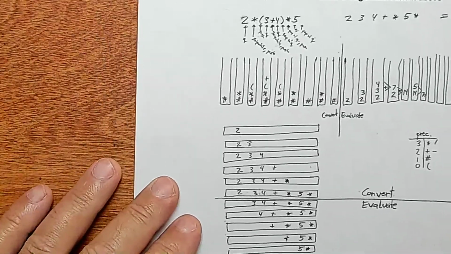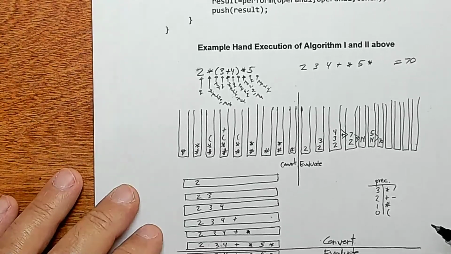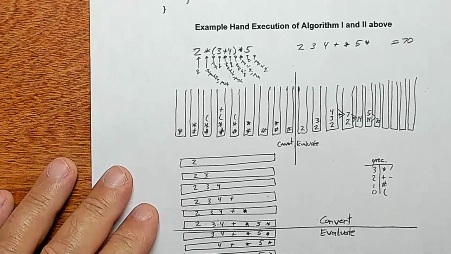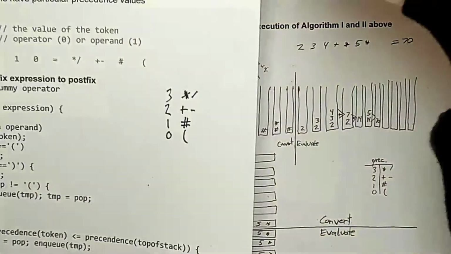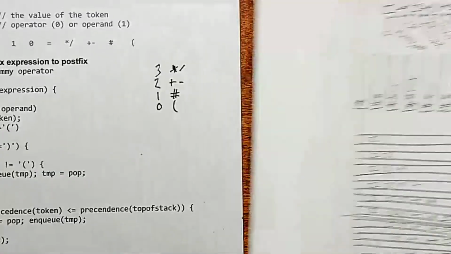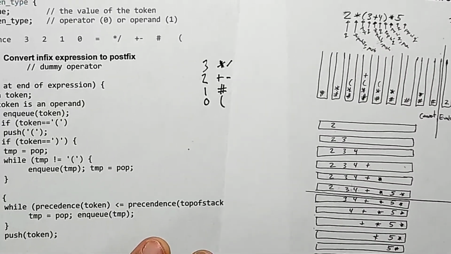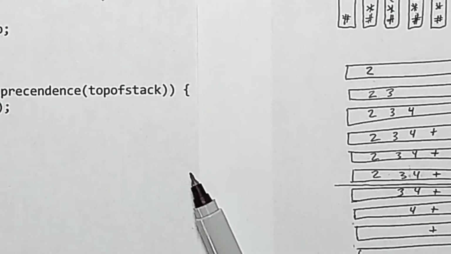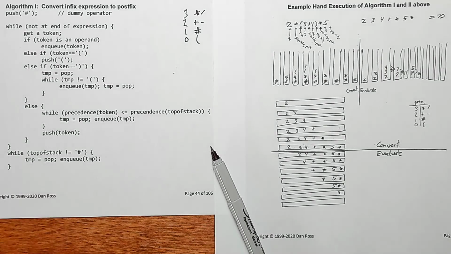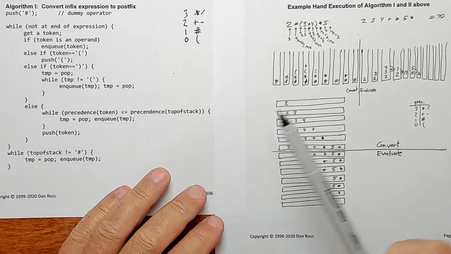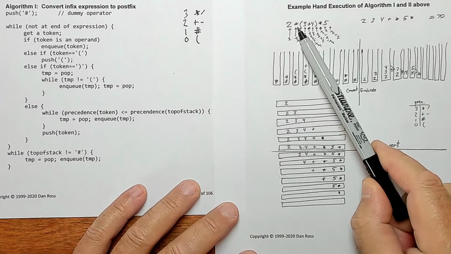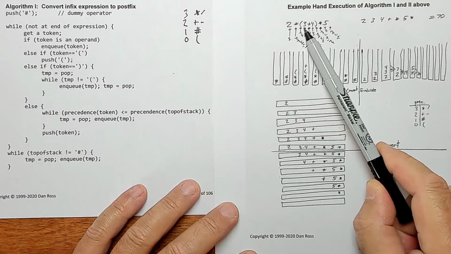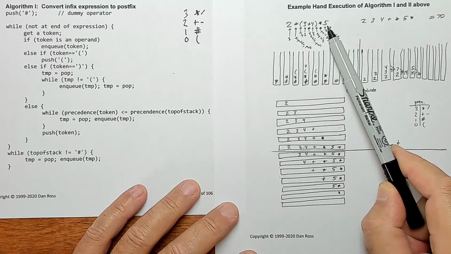So let me walk through the conversion algorithm of the same thing here, and see if I can do that. Can I fit this all on here? How's that? Okay, let's do this expression here. 2 times quantity 3 plus 4 times 5.